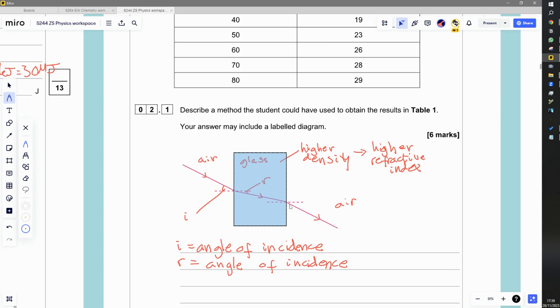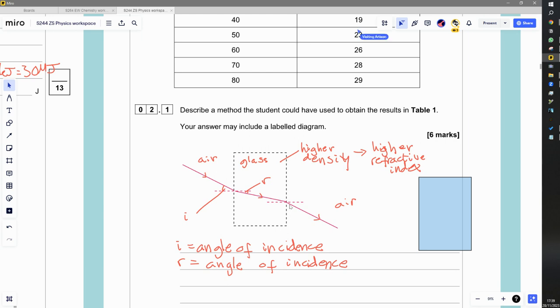So then when you remove the glass block, then you can join up, and you can turn the light source off then, and you can just join the dots with a ruler to draw straight lines. And then you can measure the angle of that line with a protractor.